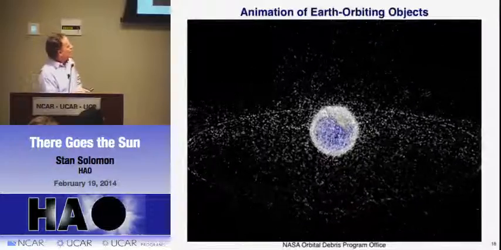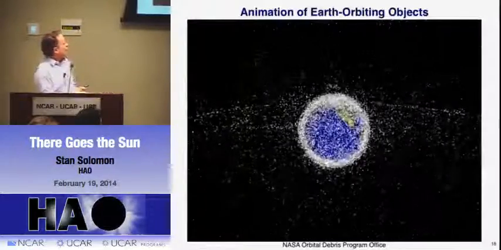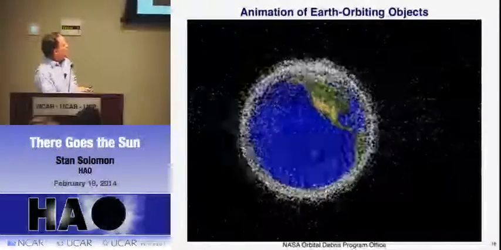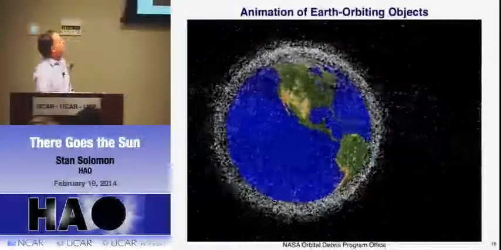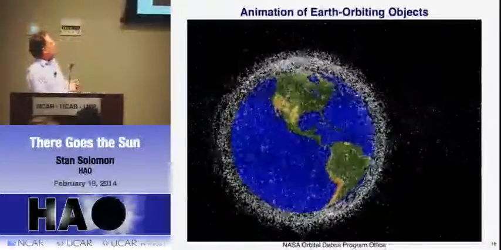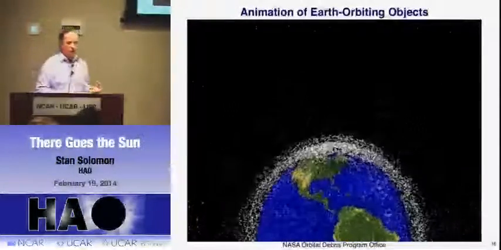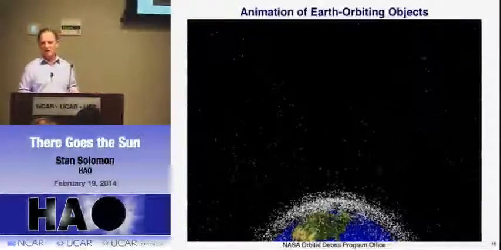Like, oh look, there's SDO. And as you come in to the objects in middle Earth orbit, you can see, again near the equatorial, oh look, there goes one of the Van Allen probes. But look at the incredible cloud of things flying along in low Earth orbit, below about 1,000 kilometers altitude, yeah, including cubes.